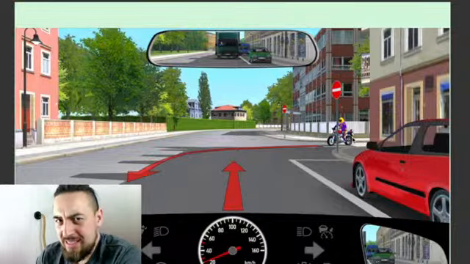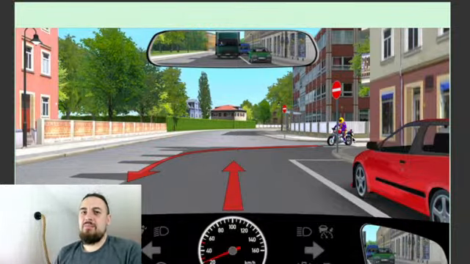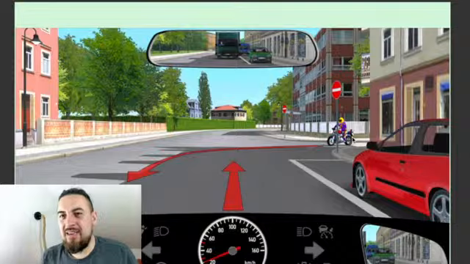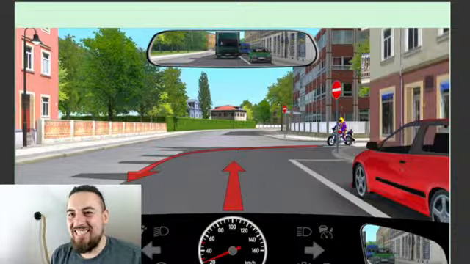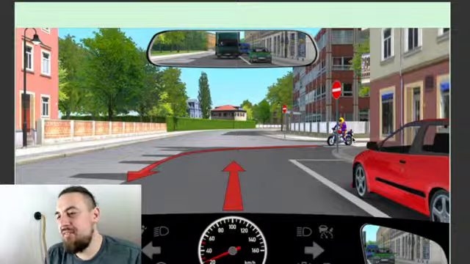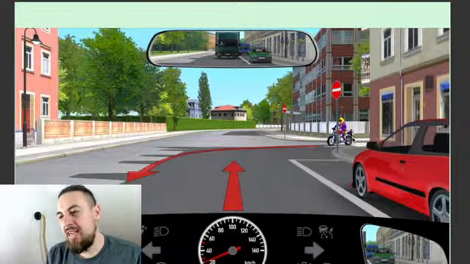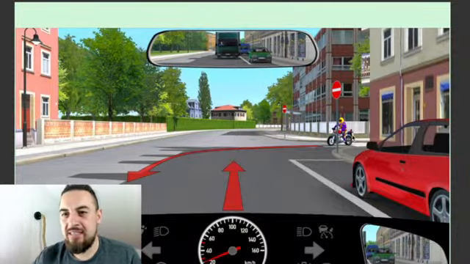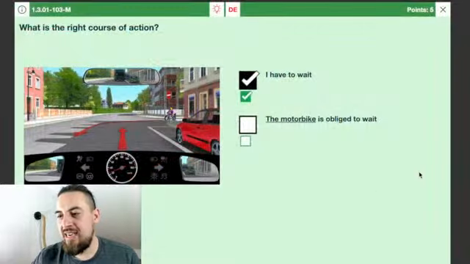But this doesn't actually regulate the traffic. Give me one second, let me first explain, and then I will answer your question. So exactly, you have to wait because it doesn't matter if you can enter or not. The rule which applies here is right before left, and on our right is the motorcycle, and that's why he has to go first, and then we can go straight ahead. Exactly, I have to wait.